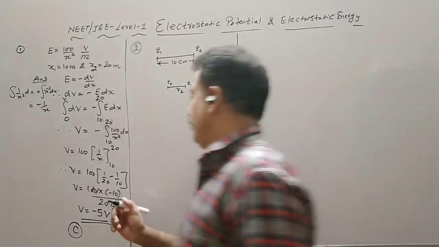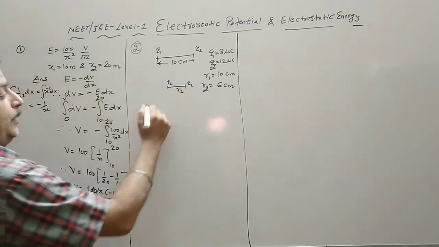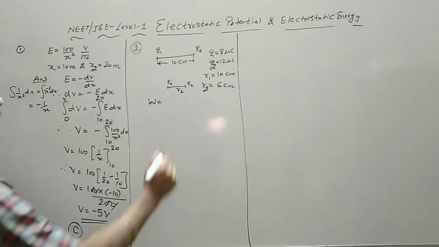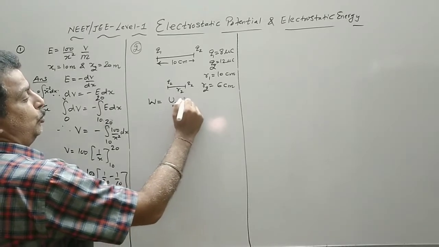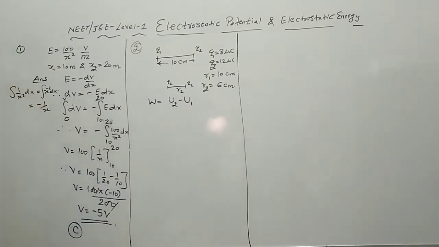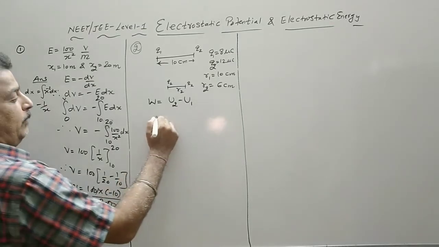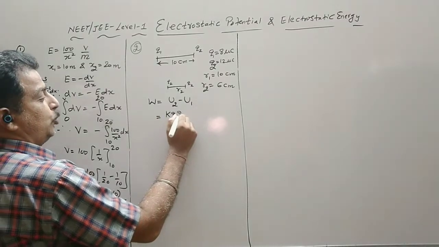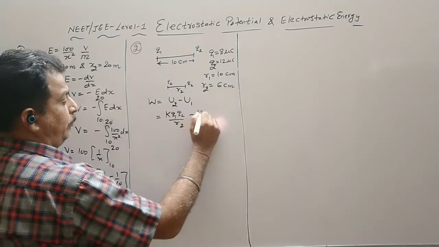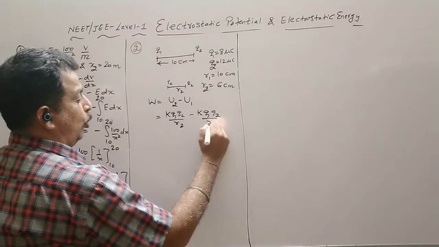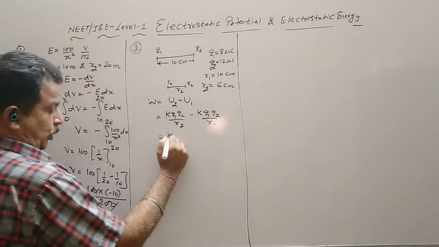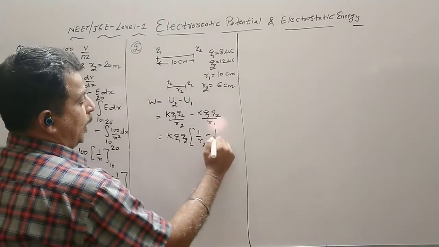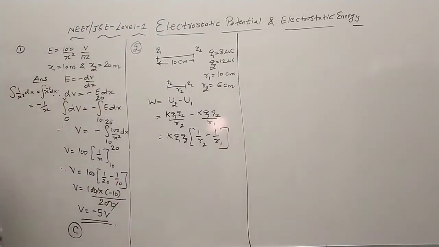So the work done will be written as the change in the potential energy, that is U2 minus U1. And when the work is done against the field, this formula becomes K Q1 Q2 upon R2 minus K Q1 Q2 upon R1. So taking K Q1 Q2 common, it is 1 upon R2 minus 1 upon R1.